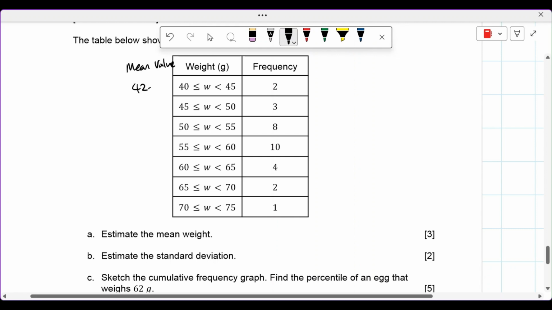That's going to be 42.5, 47.5, 52.5, 57.5, 62.5, 67.5, 72.5. So I'm going to enter these values into the calculator. Stat, edit.